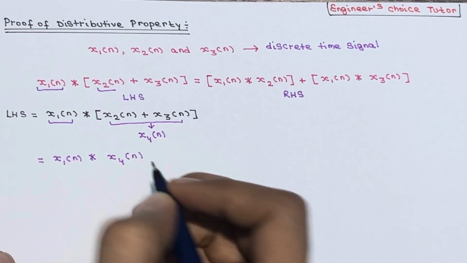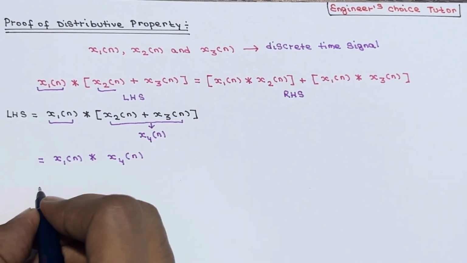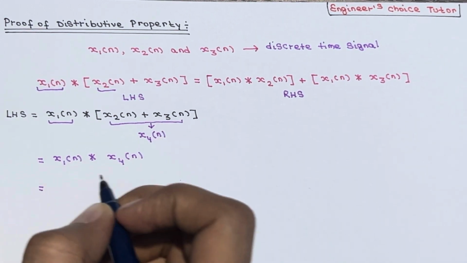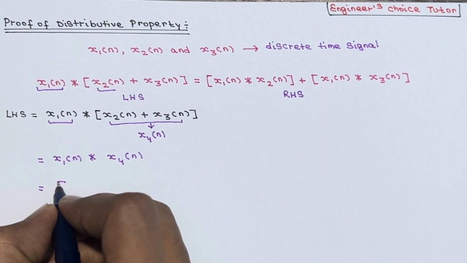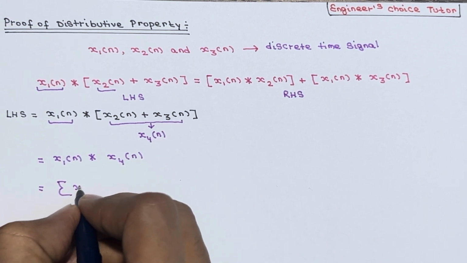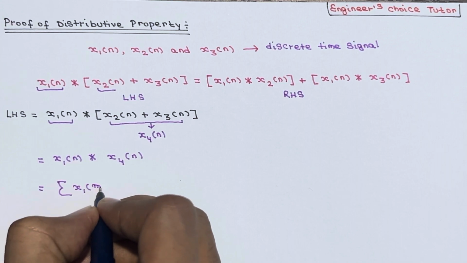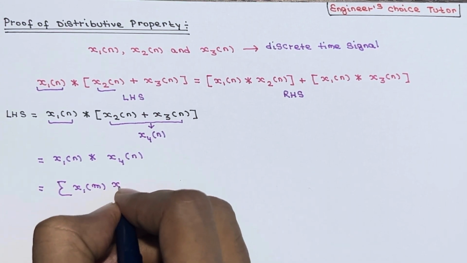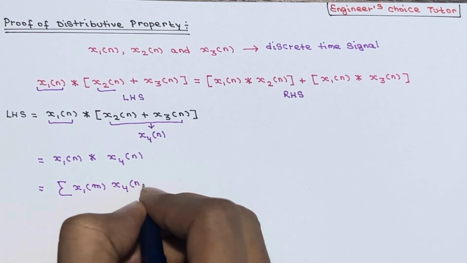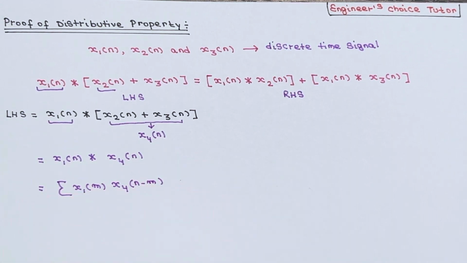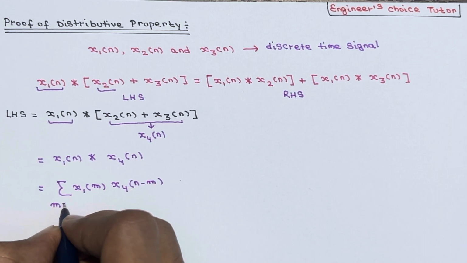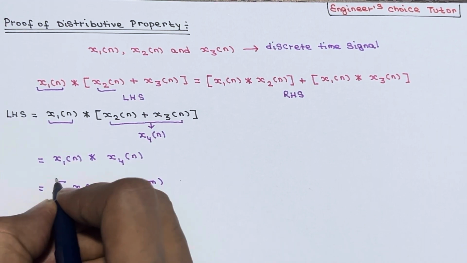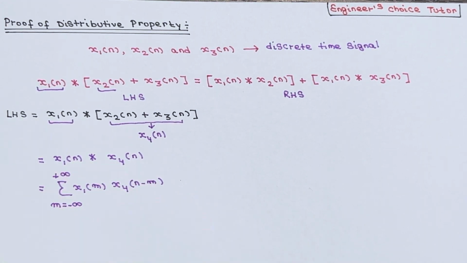Am I right? Now you can write the convolution of x1 of n and x4 of n as the summation of x1 of m into x4 of n minus m, where the limit of m ranges from minus infinity to plus infinity. Am I right?